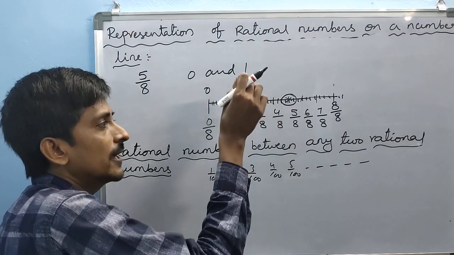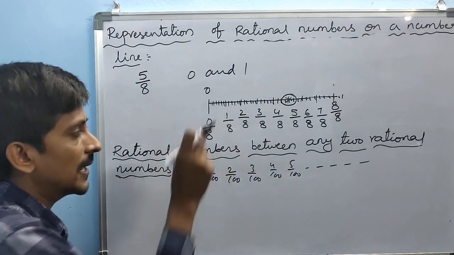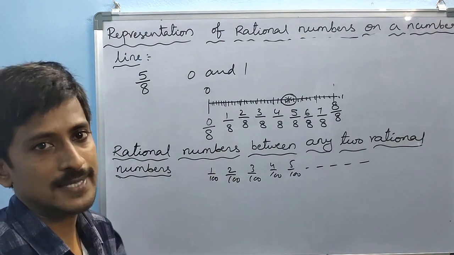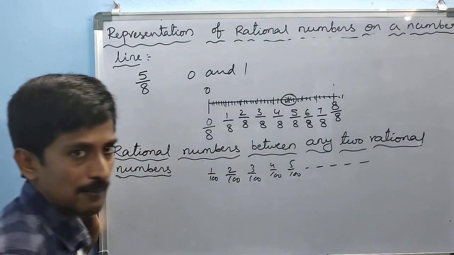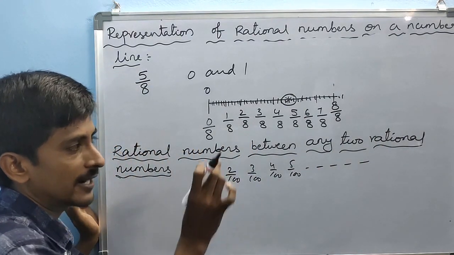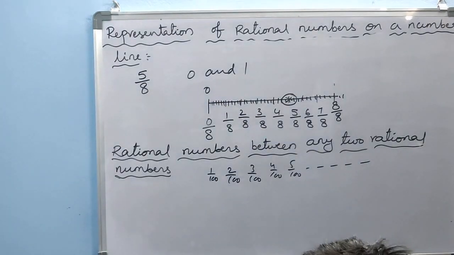So, every number line can be divided into infinitely many parts. So, between any two rational numbers, every two fractions, there are infinitely many rational numbers.